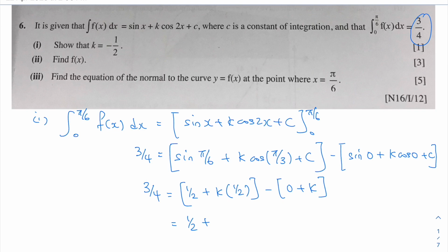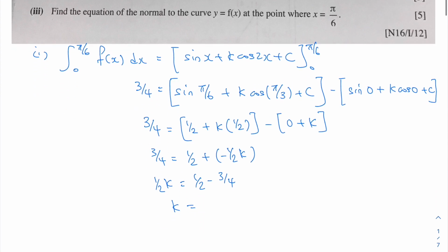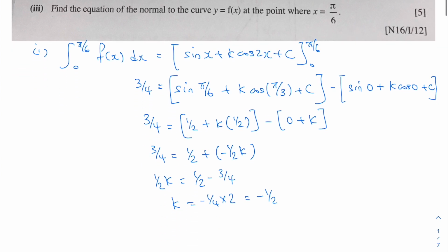Working that out, you get negative half k. And this is 3/4, so half k is equal to half subtract 3/4. So k is equal to negative 1/4 times 2, which is negative half, shown.